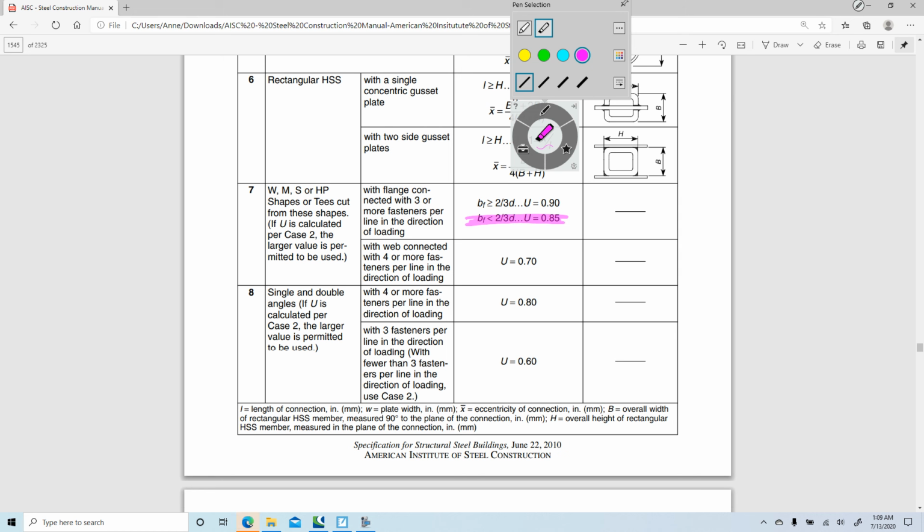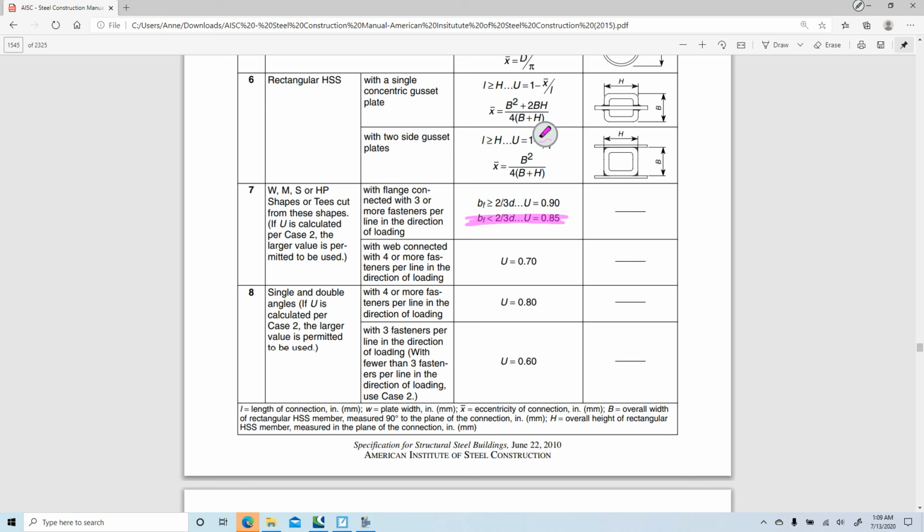So everybody see how we did that? I went to my shear lag and it said I can use case 7 or case 2. Case 2 is the generic, and 7 is I have a W shape with 3 fasteners or more in a line in the direction of loading. I actually have 4. So I can use this case 7.